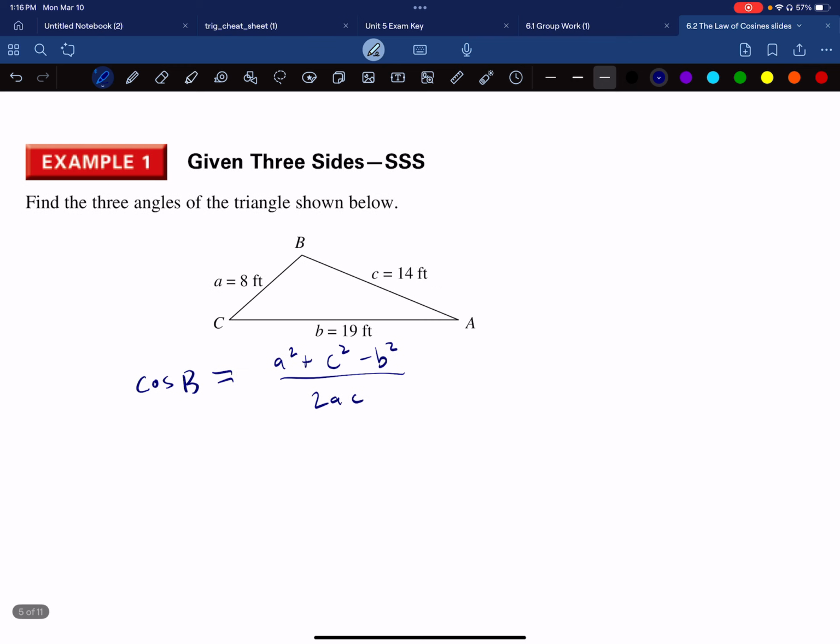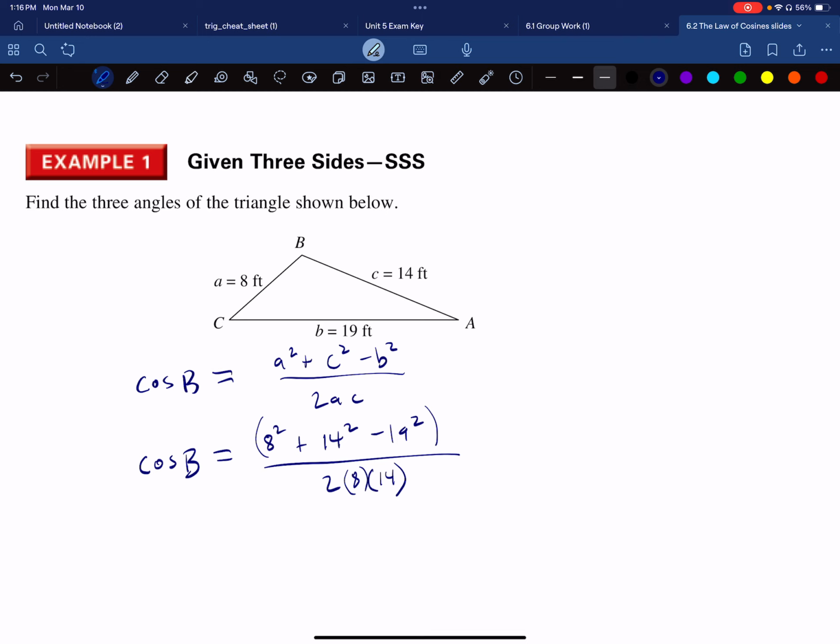And so now we're just going to plug in all the information that we know and solve for what we don't. So we know all the sides, we don't know the angle. So a squared is 8 squared plus 14 squared minus 19 squared. That's all over 2 times 8 times 14.